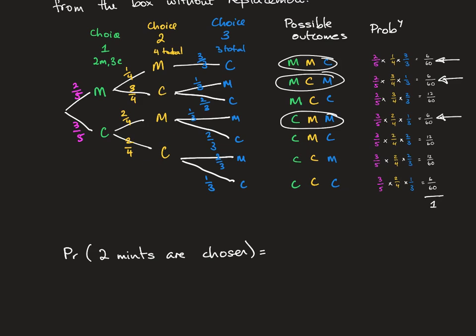So the probability that 2 mints were chosen was 6 out of 60, and we've got that 3 times. We add them together. So that's going to give us 18 out of 60, which we can simplify down to be 3 out of 20.